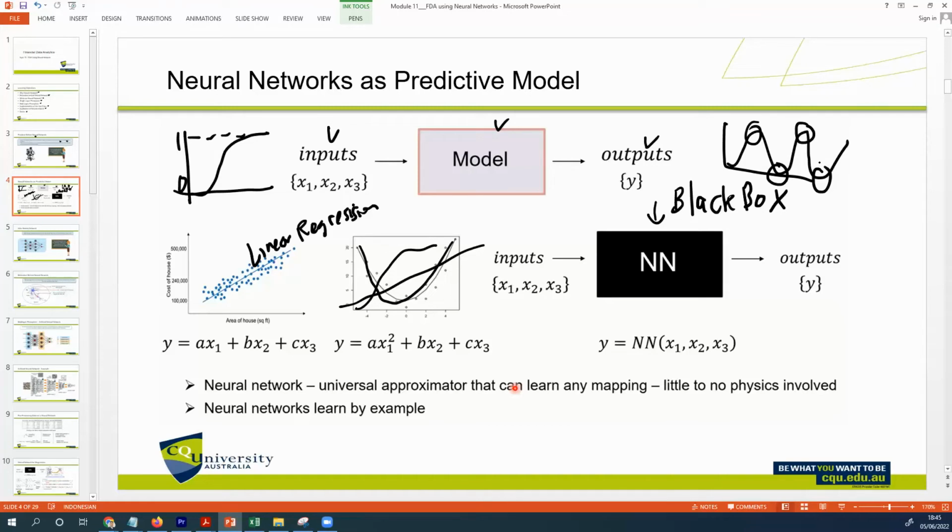In order to bend it, you need to develop a cutting edge model where you can bend it anywhere you want. So you can make a model like this, anything, using neural network.